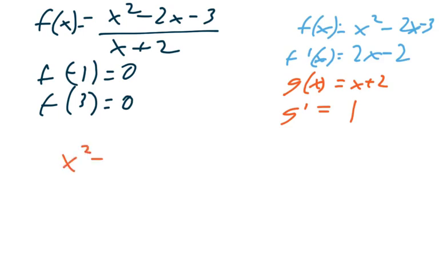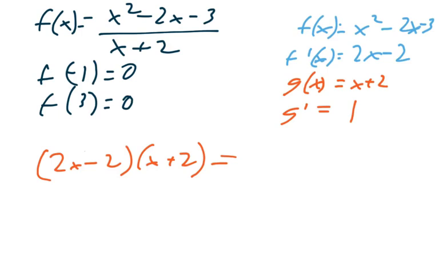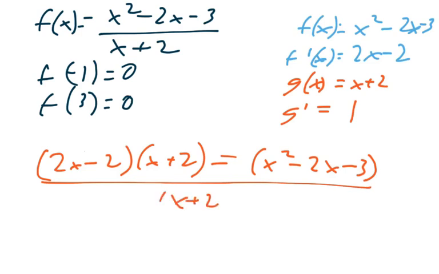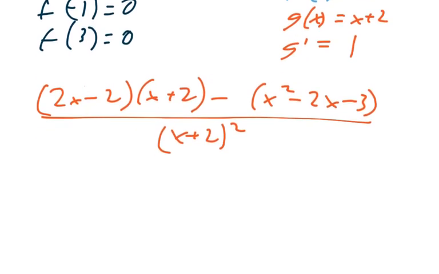So I got x squared minus 2x minus 3. We have to do the other part first. We got 2x minus 2 times x plus 2 minus x squared minus 2x minus 3, divided by x plus 2 squared. So I need to set the top equal to 0.